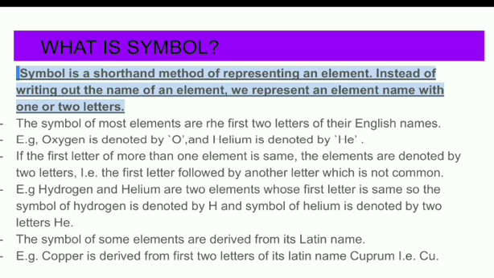Examples of some symbols are: oxygen is denoted by symbol O. Why O? Because O is the first letter of the word oxygen. Helium is denoted by He. Why He? Because He are the first two letters of the element helium.